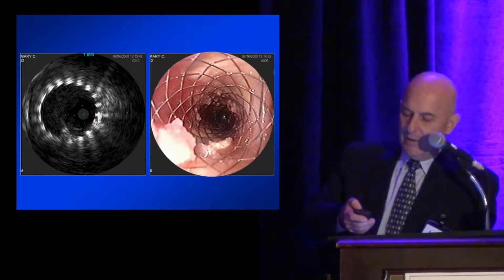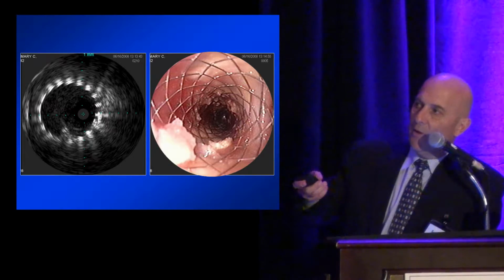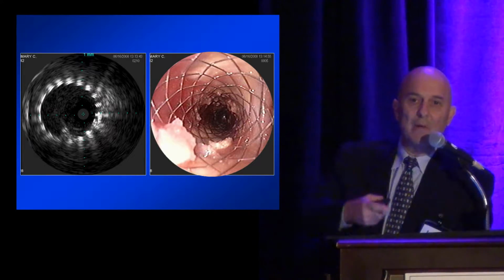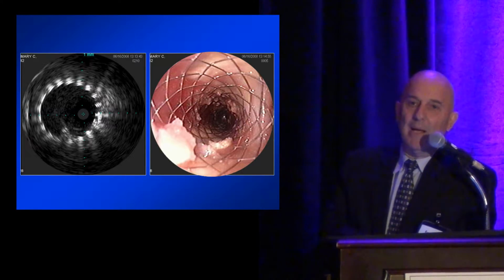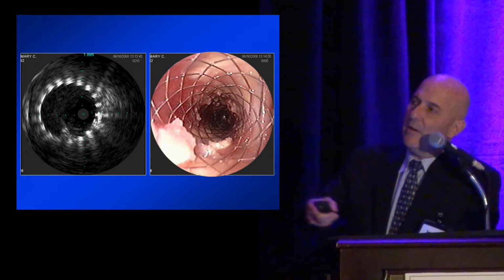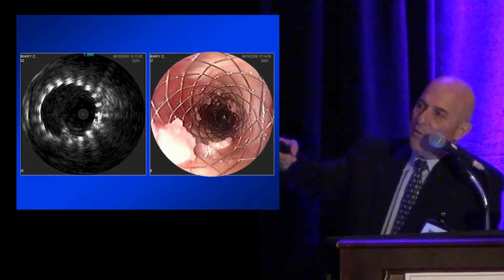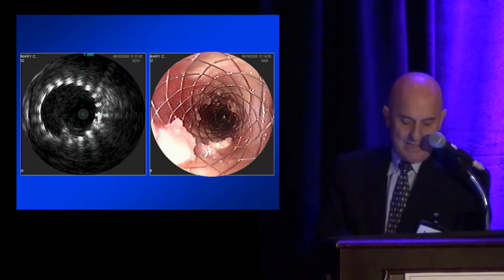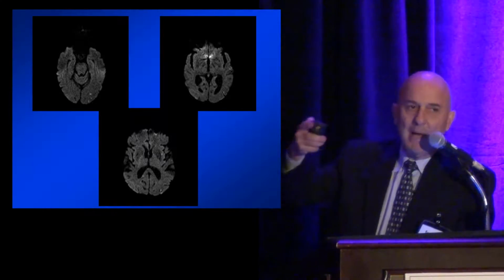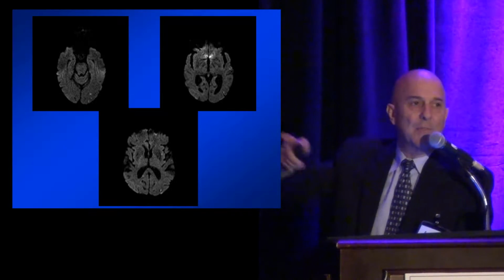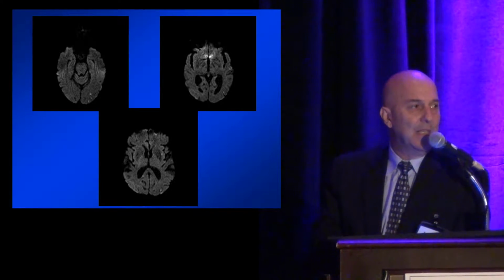This is what's going on. You see here in this cartoon, or in this picture actually, that was from an early study also done by Frank in New York, the particles protruding through the struts of the stent. And what happens when you have embolization of microparticles, you have what this patient had. She had a TIA and she had silent infarcts.